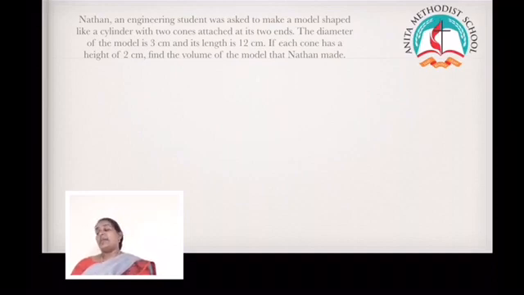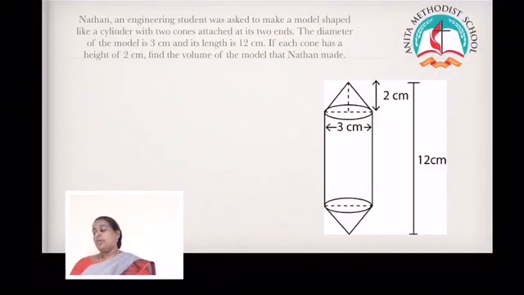What is the height of the cylinder? 8 cm. What is the radius? For the cylinder also the diameter is 3 cm. For the cone also 3 cm. So what is the radius? Half of the diameter is called the radius. So how much is the radius? 3 by 2 centimeter.